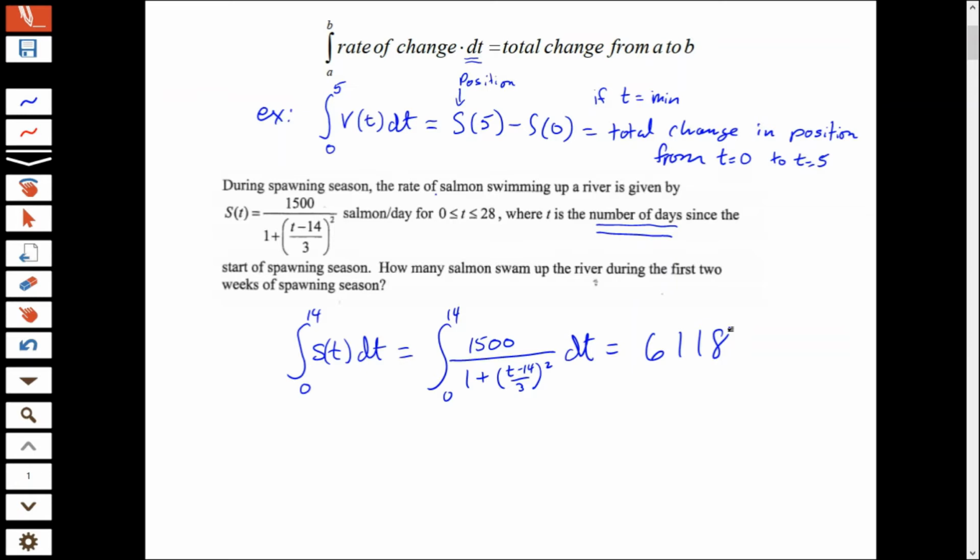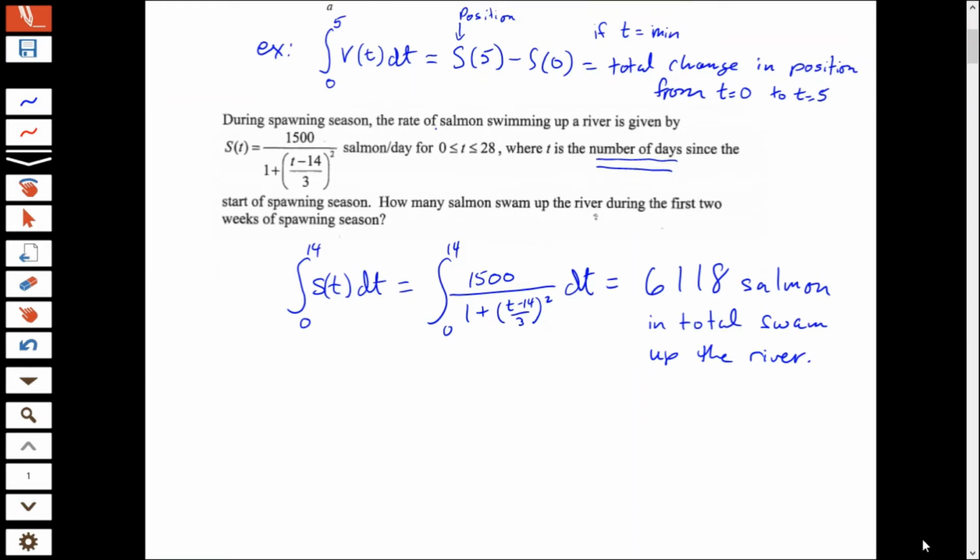About 6,118 salmon in total swam up the river. Okay, you're going to have a number of problems like that.